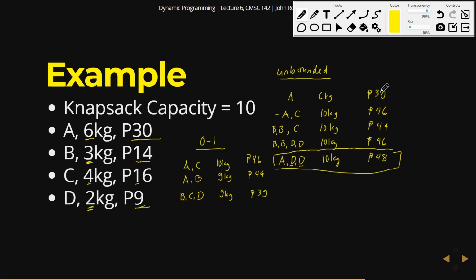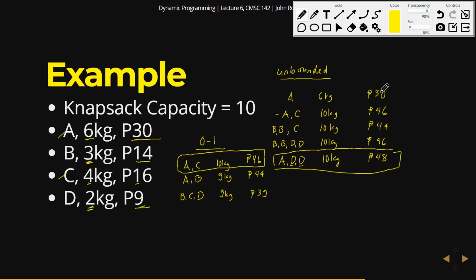So it's not the maximum. So the maximum actually is already AC. This is the best possible value that you could have, given that it's the 0-1 version. So if there's only one supply per item, then the best that you could do would be taking A and item C for a total value of 46.